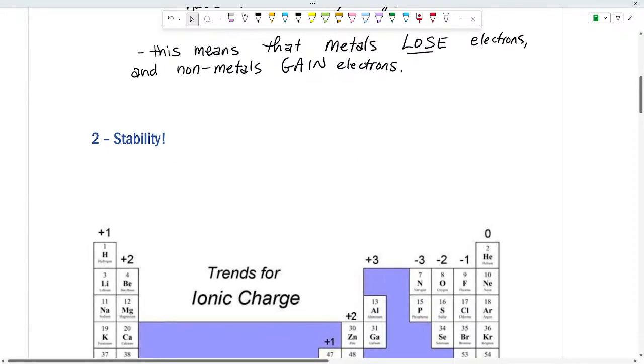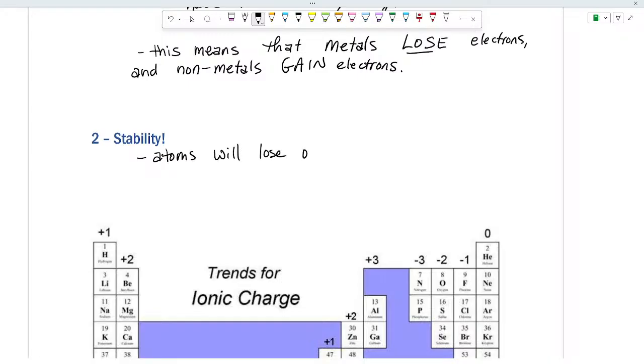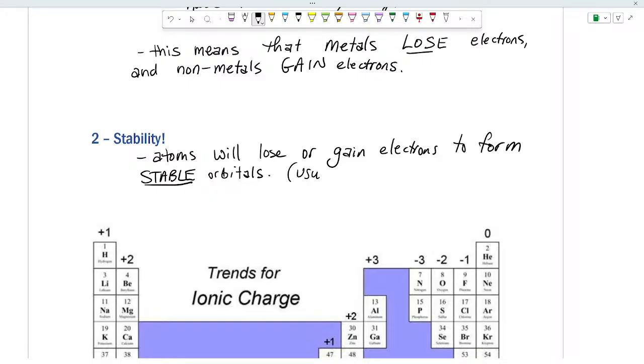Now, like we said the other day, atoms will only lose or gain enough electrons to form stable orbitals.